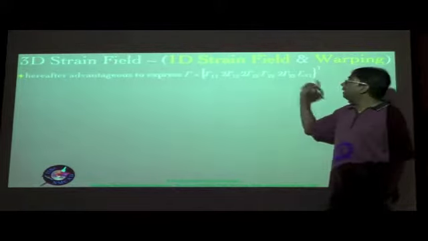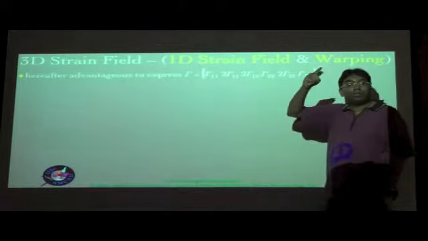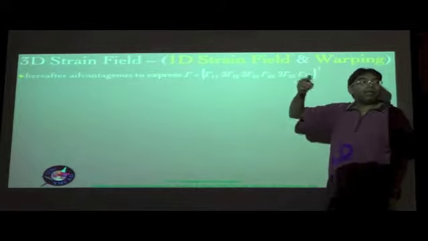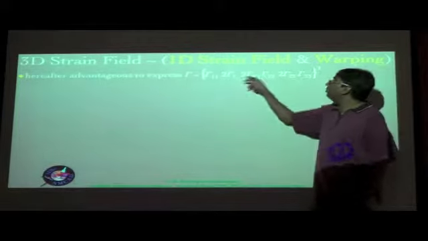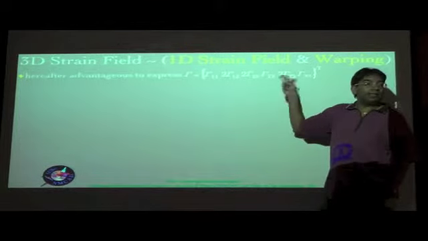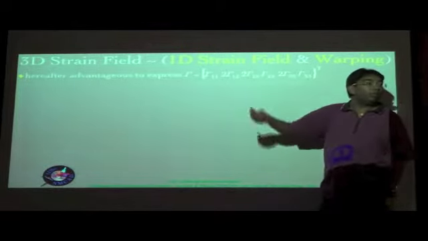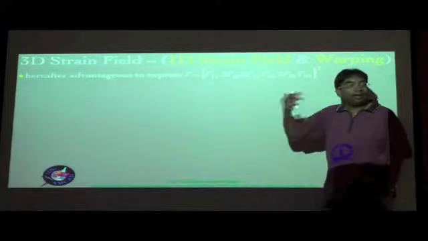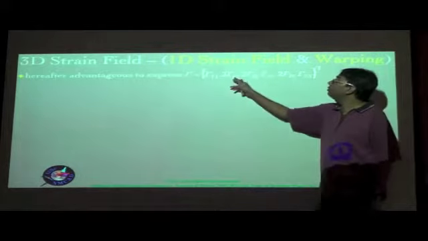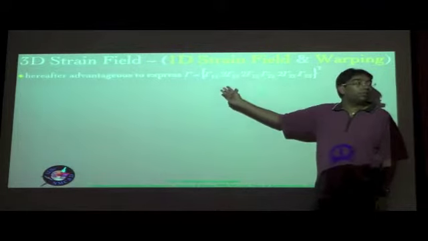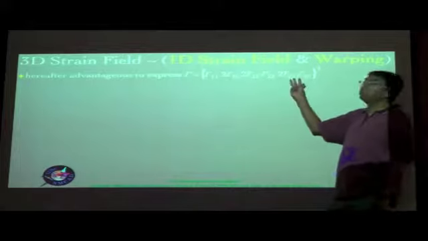Now, again, there is a difference which was also pointed out by Aditya when he presented for the plate. A similar difference exists over here as well, that the way in which we are ordering these is slightly different from what is done in conventional analysis, where typically they put gamma 11, gamma 22 and gamma 33 as the first 3 terms, which are the normal strains, and then they put the 3 shear strains.